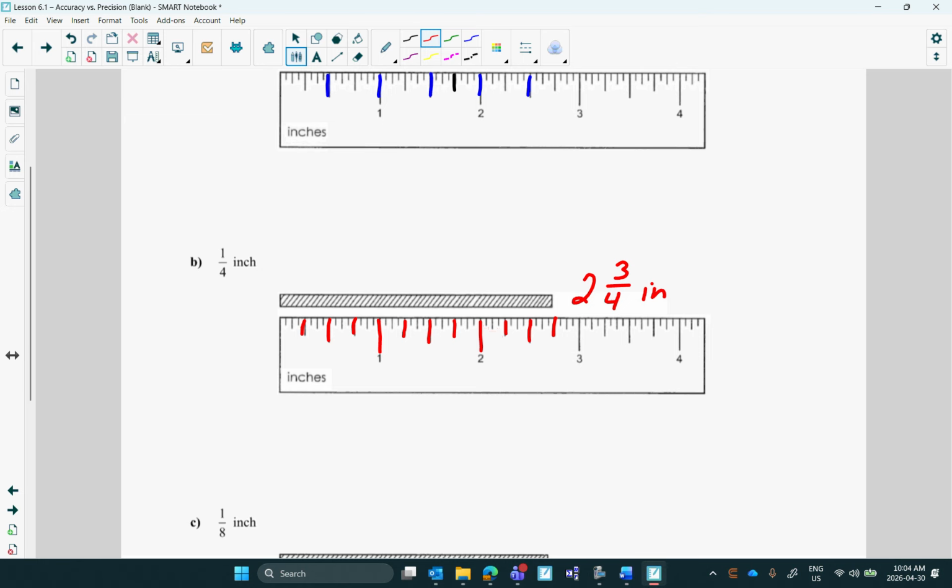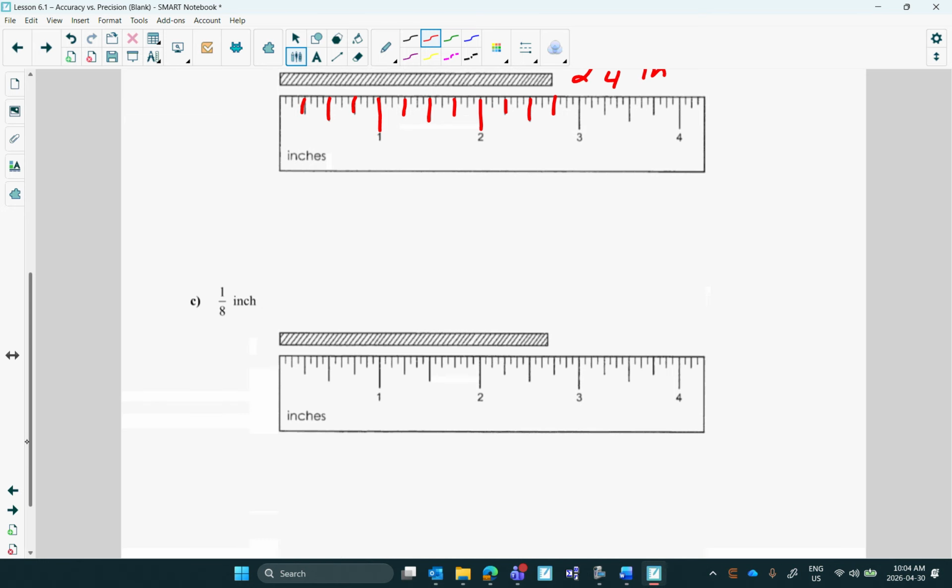If we did 8ths, that's these ones. It's all the notches that split it up into 8ths.